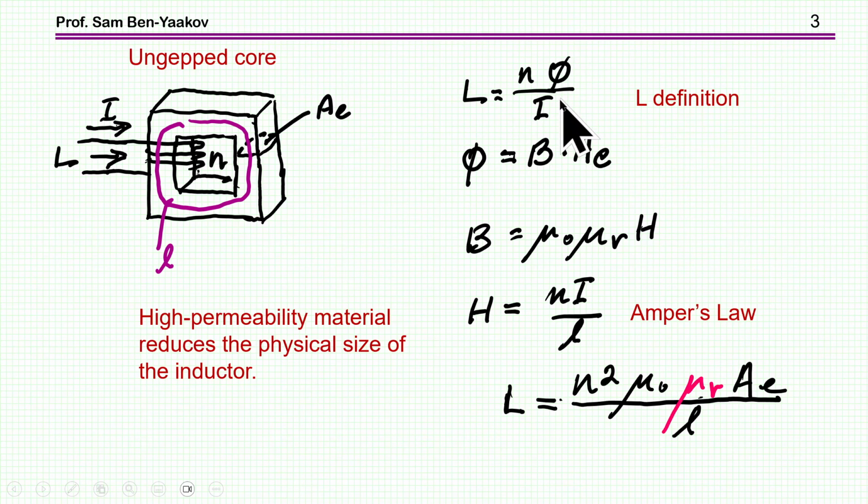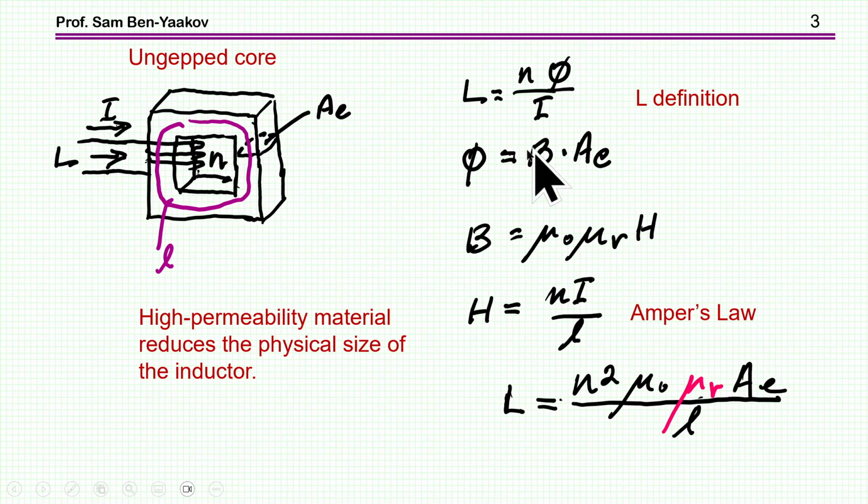Inductance is N phi over I. That is, if you have a structure with N turns, and this is the magnetic flux, which I'm assuming is confined within the structure itself because the permeability is high, and I is actually the cause for this flux. That is, the flux is due to the current passing through these N turns. This is the basic definition of inductance.